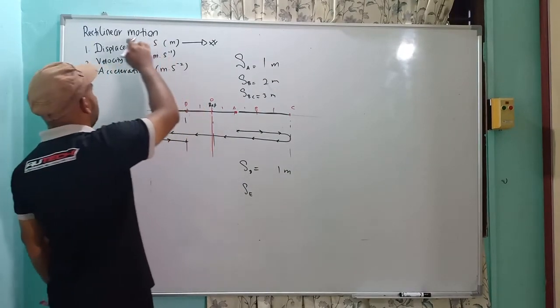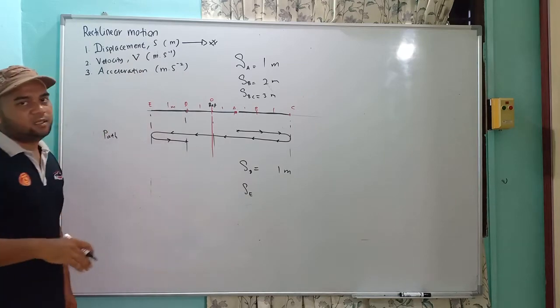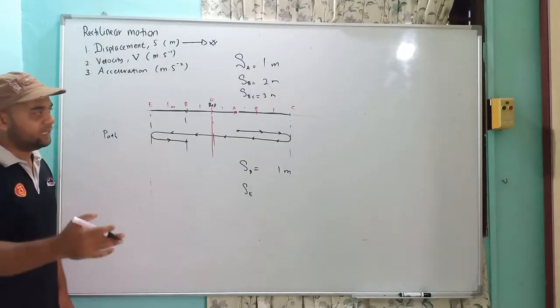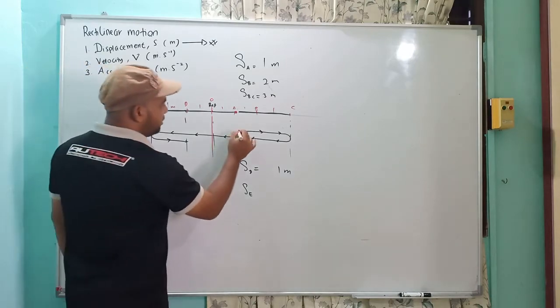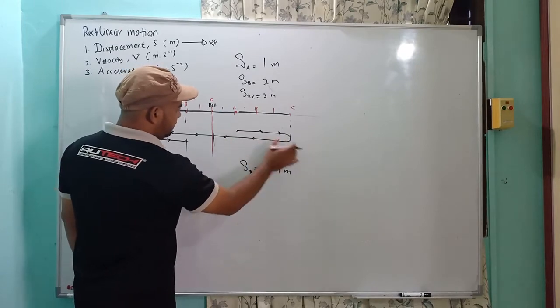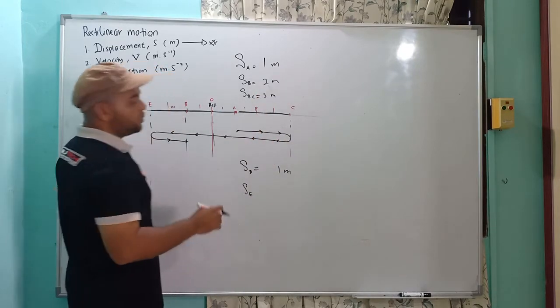Because displacement, velocity and acceleration are vector quantities, they must have direction. Even though the component moves to the front and then goes back, all these positions get a positive value.